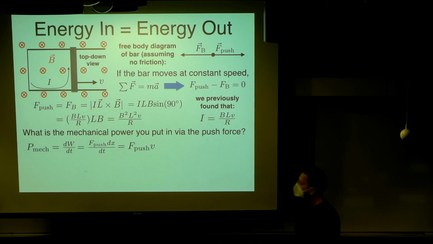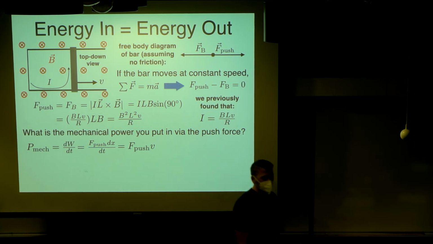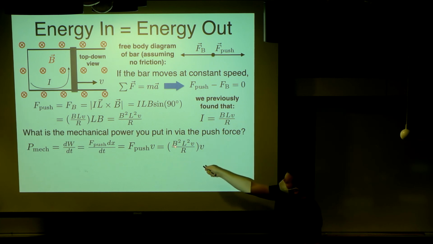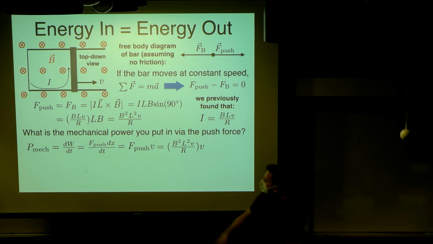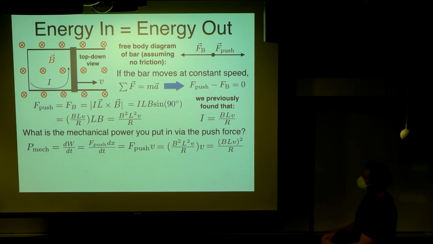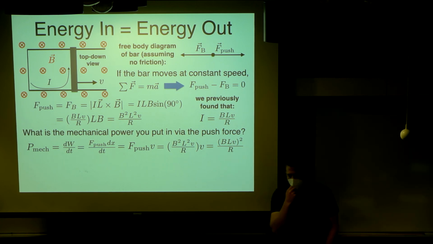So it's basically my power output in moving the bar is F push times v, which is the speed of the bar. Which means, if this is the force of my push, we just worked it out, pop it in right there, B squared L squared V divided by R times another V to get the power output. So basically that V is squared when it's all said and done. Might put it together in a simpler way like this: BLV all squared divided by R.